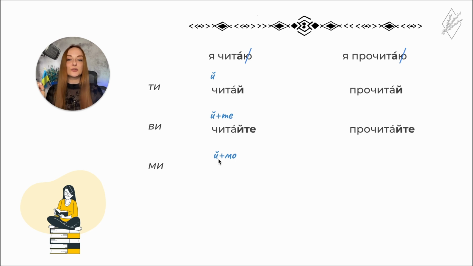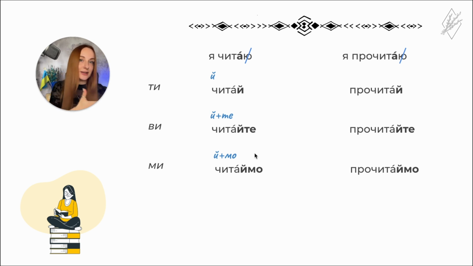We would need to add to our yod, which we already have, the ending мо. Читаймо або прочитаймо. Прочитаймо цю книгу. It also makes a lot of sense because the ending мо also exists in the present tense. Ми читаємо. But here we have yod instead of є.